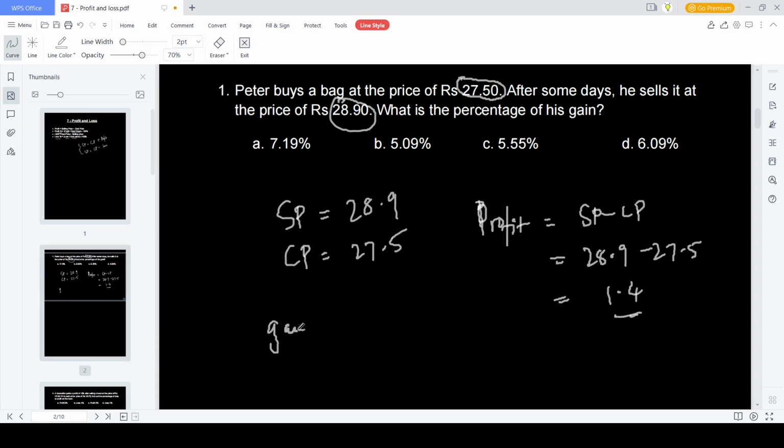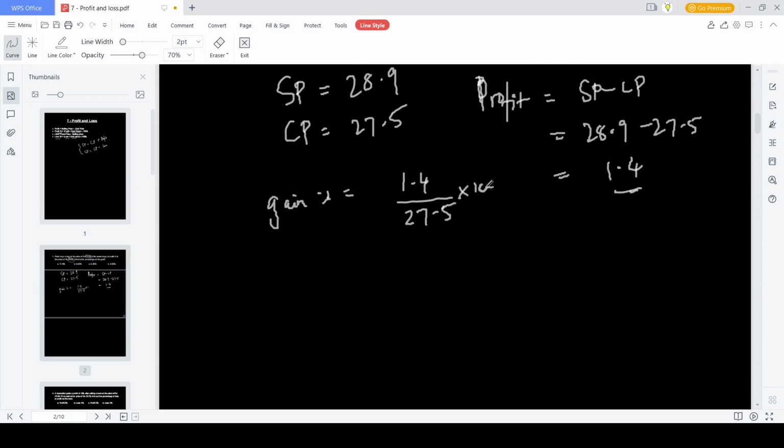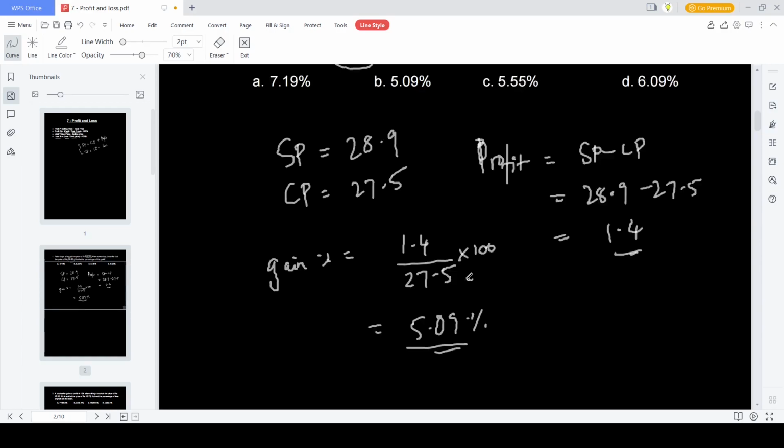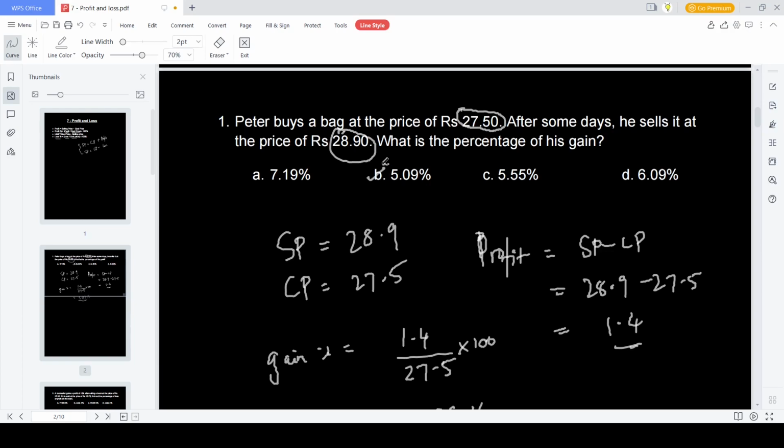His gain percentage is written as profit divided by the cost price, 27.5, into 100. So this is 1.4 divided by 27.5, which is 5.09%. So he made a 5% gain when he sold the bag.